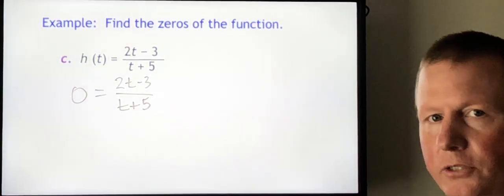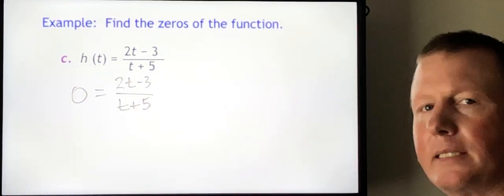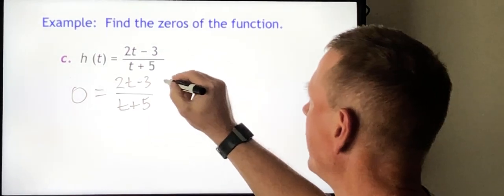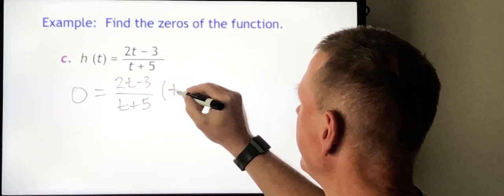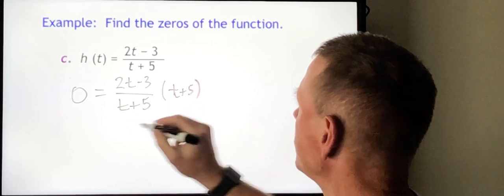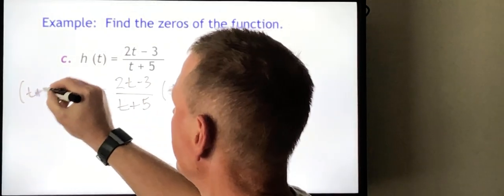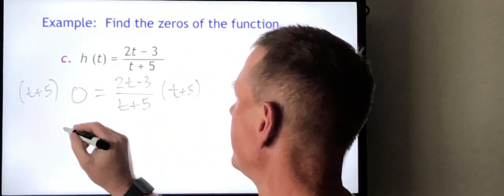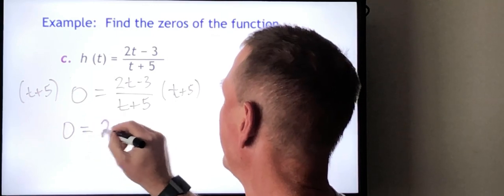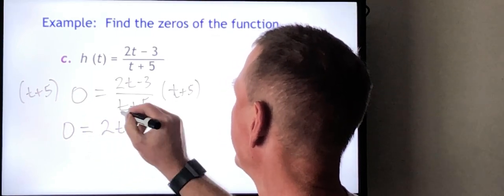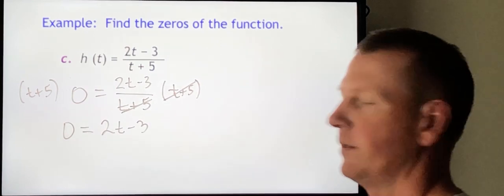Now I do have a fraction here. Probably the best thing to do in my mind is I'm going to go ahead and multiply by that denominator. So t plus 5 on both sides. Again, on the left, that still just gets me 0. 2t minus 3 because these are going to cancel each other out.